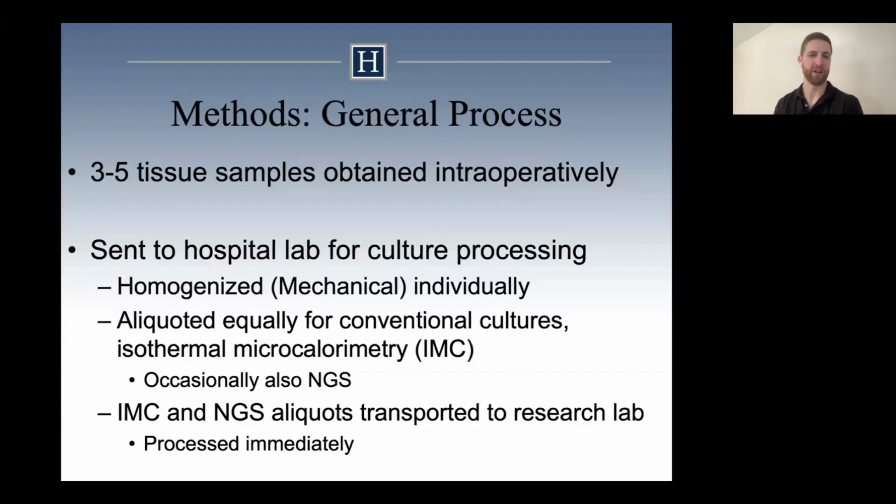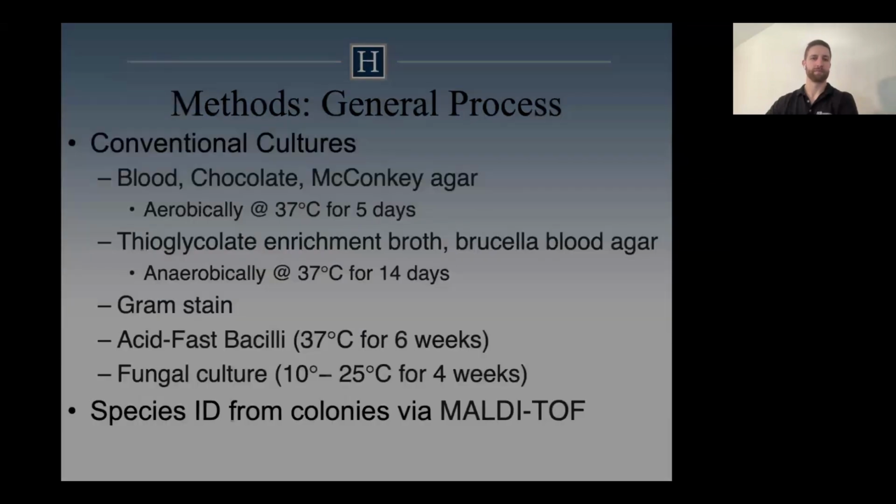Each sample is then aliquoted equally for conventional cultures and isothermal microcalorimetry, and then again, in the 30 or so cases, there was also an equal aliquot that went for NGS as well. The calorimetry and NGS aliquots were transported to our research lab, where they were further processed immediately, and the culture ones were continually processed at the lab in the hospital as normal.